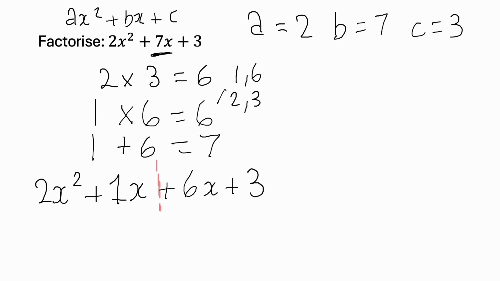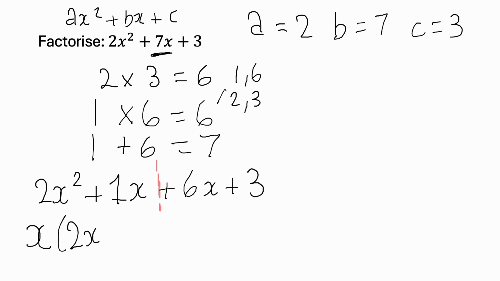When we factorise, we essentially try to work out the highest common factor, and we put it outside brackets. If we look at 2x squared and 1x, they both have x in common, so we write x on the outside. x times what makes 2x squared? That's 2x.